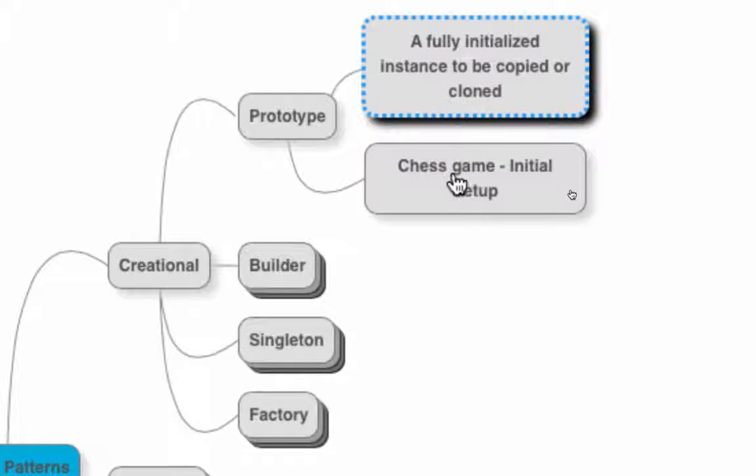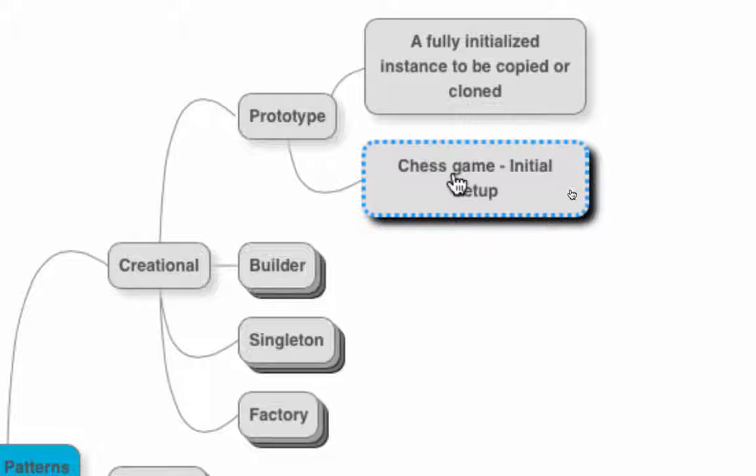Just like the chess game, where instead of doing the initial setup again and again, we reuse the initial setup. There might be other places in software where the initial creation of an object might be very time consuming. I might need to talk to an interface and get something. In these kinds of situations, I would go for a prototype pattern.